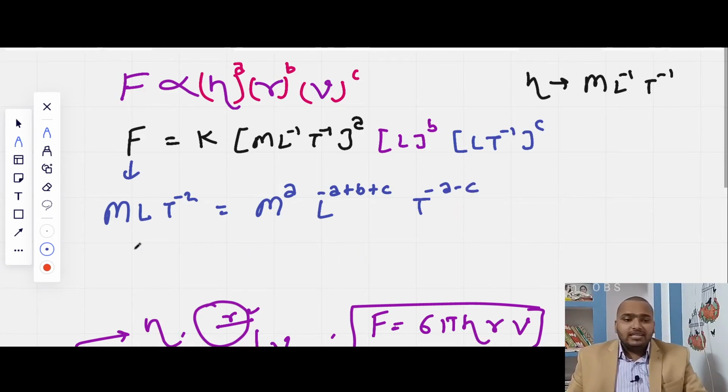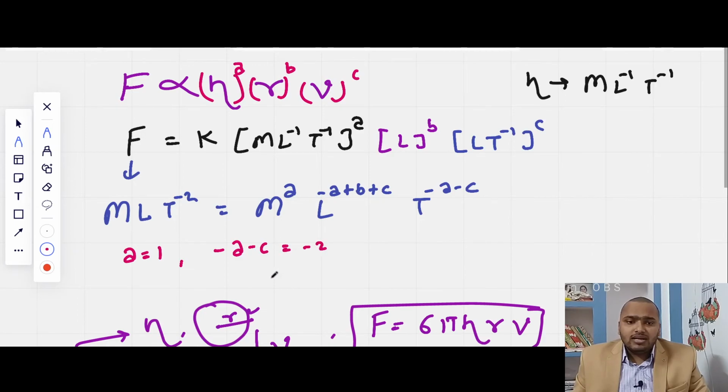By comparison, we get a equals 1. Then minus a minus c equals minus 2, and putting a equals 1, minus c equals minus 2 plus 1, so c equals 1 also.